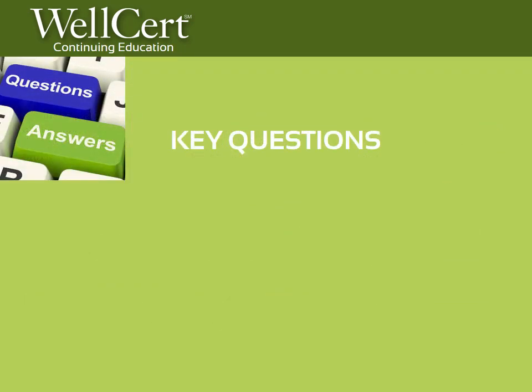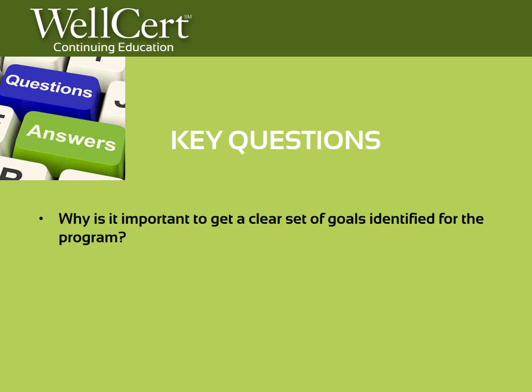Now, our key questions are as follows. First of all, why is it important to get a clear set of goals identified for the program? Well, we talked about some of the issues underneath the surface here, but it communicates the identity and the purpose of our program. So that's why we want to have that clear set of goals, and we want to use them repeatedly. We want to use the goals to true up our activity so that our activity actually conforms with our purpose.